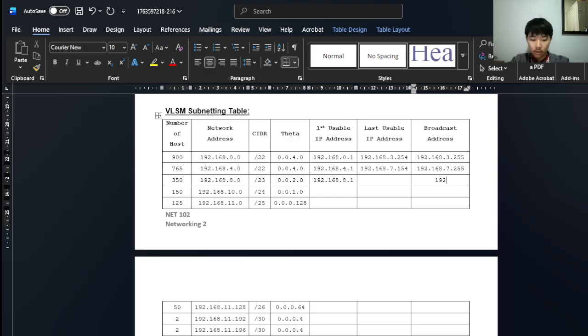For the network broadcast address, 192.168.9.255. And then for the last usable address, just decrease by 1 on the broadcast address, 192.168.9.254.